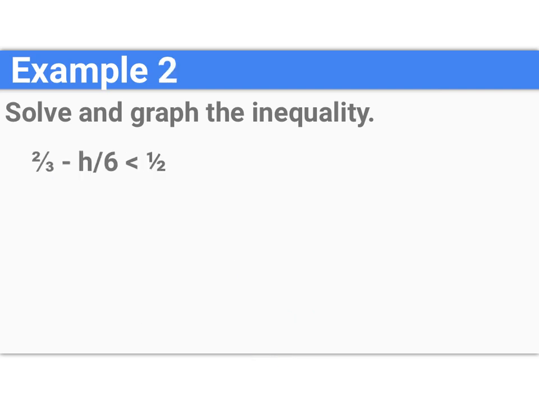So let's look at example 2. Okay, we're going to rewrite everything so that it is proper fractions. So we got 2 over 3 minus h over 6 is less than 1/2. So the first thing we got to do is subtract 2/3 from both sides. Negative h over 6 is less than 1/2 minus 2/3, which is negative 1 over 6.